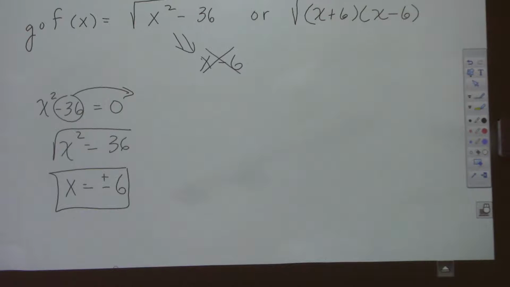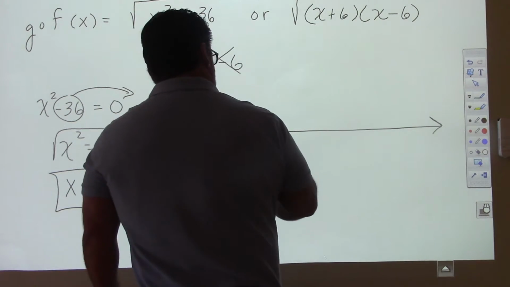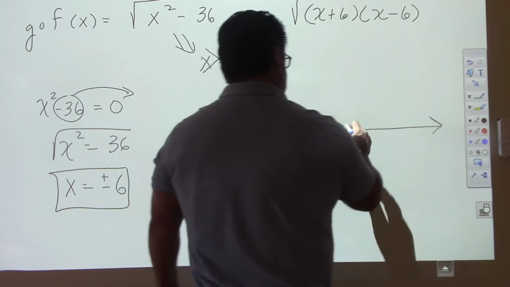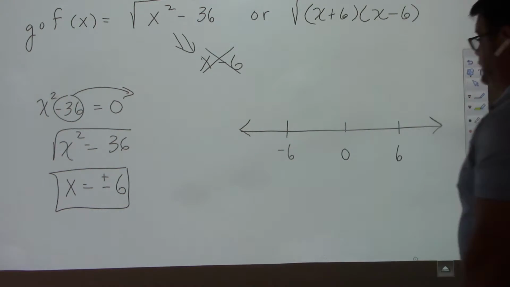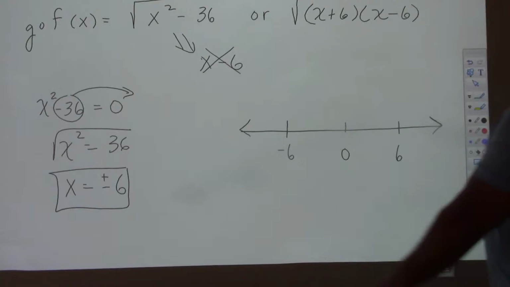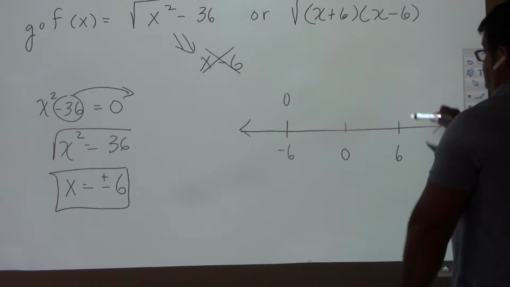So now we've got to check to see what's going to give you what. So here's negative 6, here's 0, and here's positive 6. We know that negative 6 will give us a 0, and positive 6 will give us a 0.